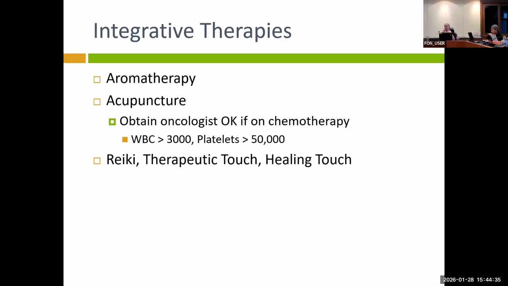And with acupuncture, because we're puncturing the skin with the needles, even though the needles are really small, fine, not even as much as one of my hairs, we still have to worry, if they're on chemotherapy, and we have to look at their blood counts. Some of the other things that might work are Reiki, therapeutic touch, or healing touch.